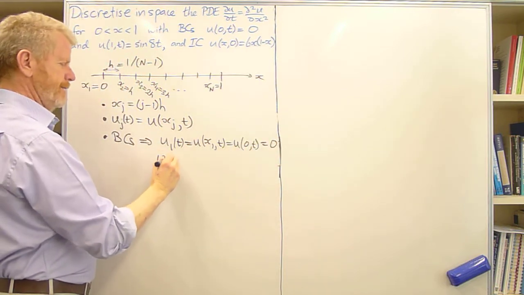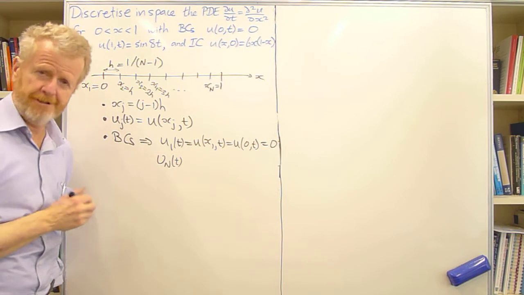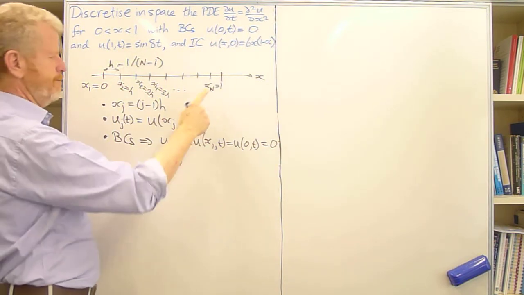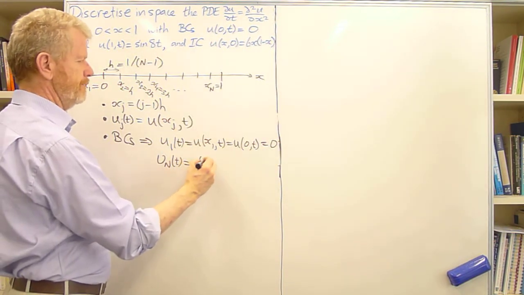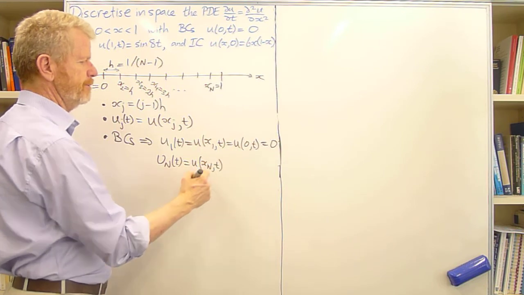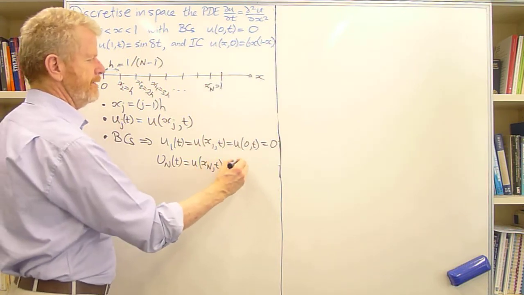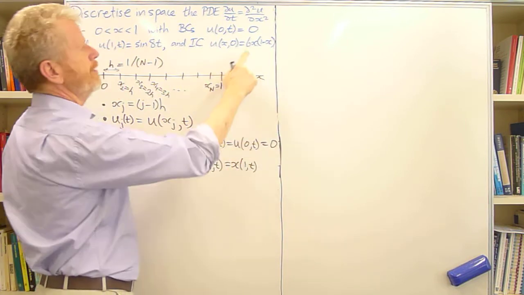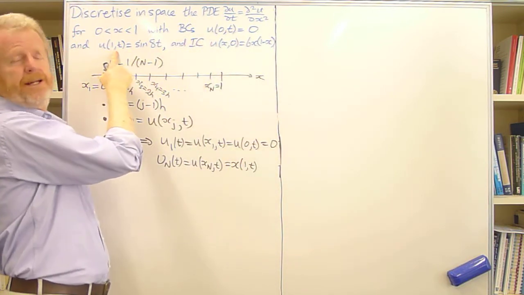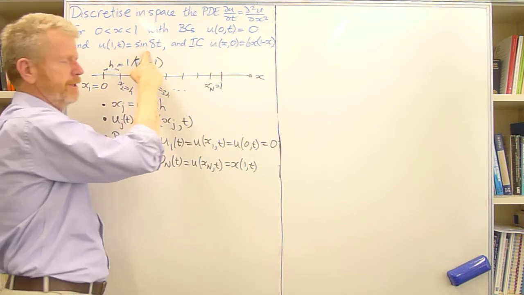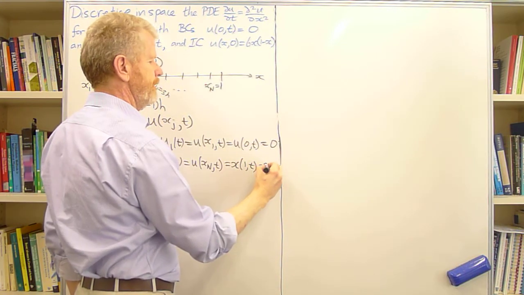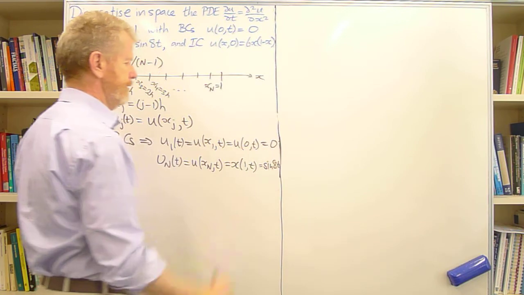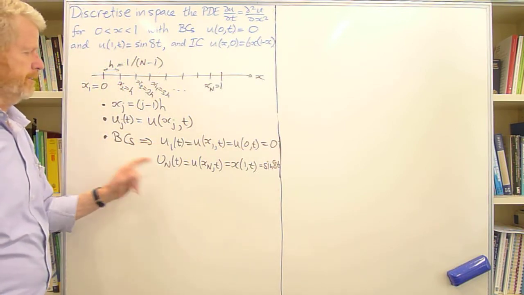In a similar manner, the other one that we know is un, because that's u at the grid point xn, and xn is our rightmost point, x = 1, and the boundary condition is that that's going to be this given function sine of 8t. So that tells us what u1 and un are.